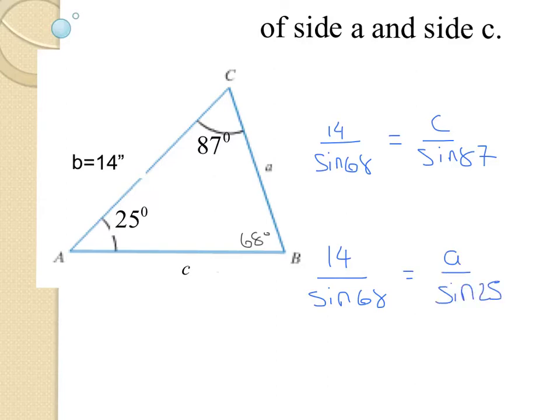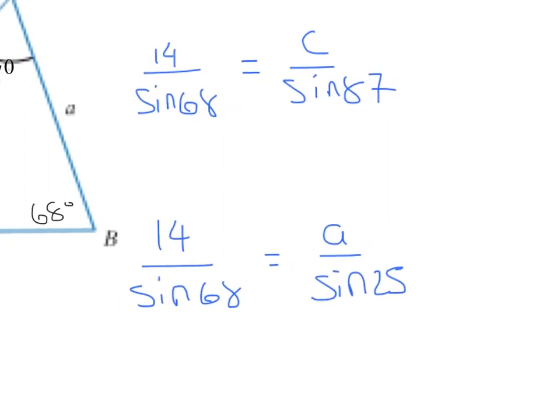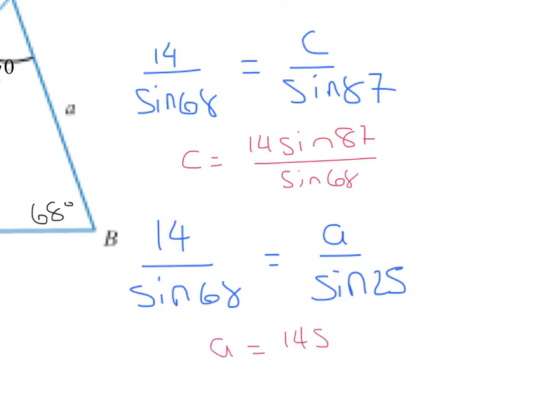And now I'm going to take this and re-express it to isolate C and A. Here we get C equals 14 sine 87 over sine 68. And then we're going to put that in our calculator. And here we get A equals 14 sine 25 over sine 68. So let's go ahead and put that in our calculator.